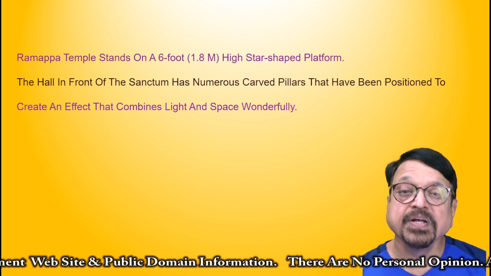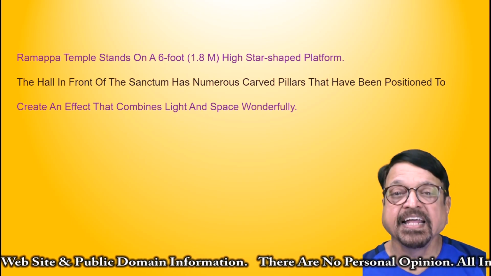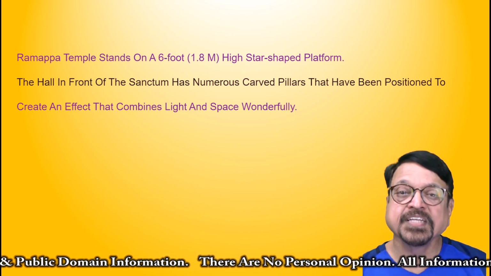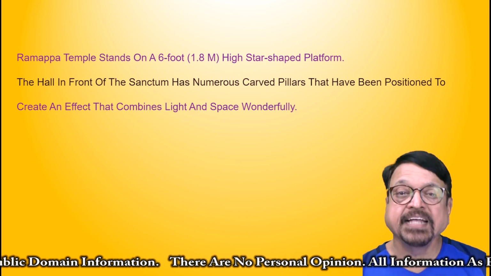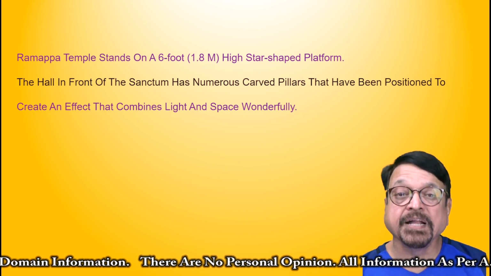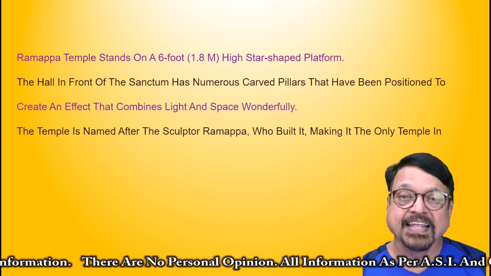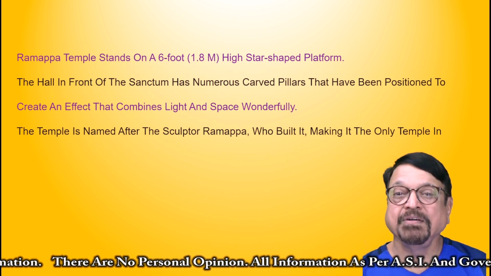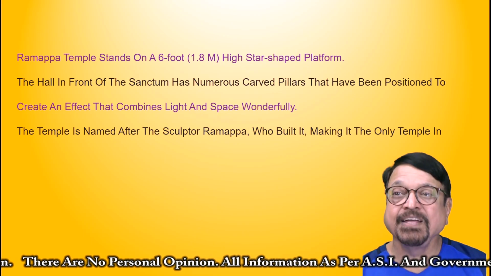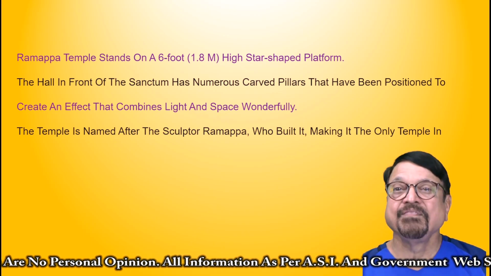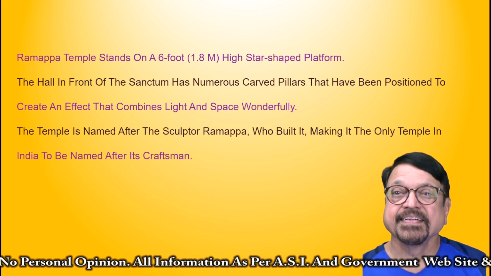Whether you go inside in the morning or evening, you will find good light inside, basically because there are good openings, and second, the polished pillars which reflect the light. Same thing we have seen in the Hazara Rama temple, Hampi, where the polished granite gives reflection and illuminates the temple inside.